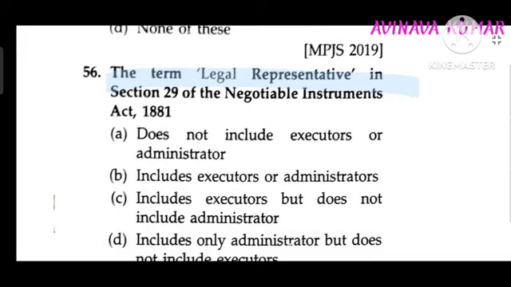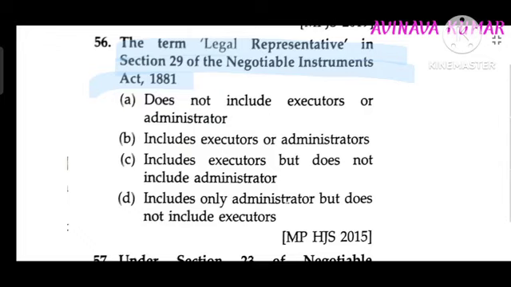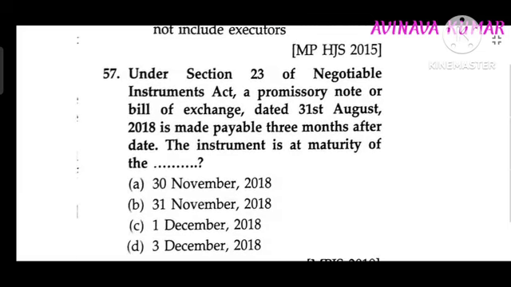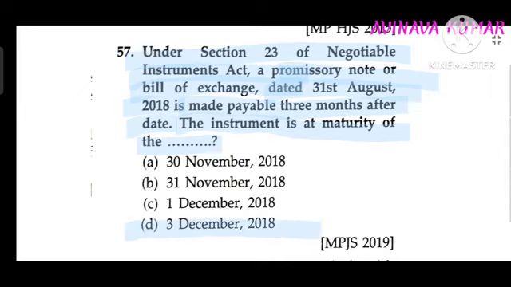The term legal representative in Section 29 of the NI Act includes executor or administrator. Under Section 23 of the NI Act, a promissory note or bill of exchange dated 31st August 2018 is made payable three months after date. The instrument is at maturity on 3rd December 2018: September, October, November, December.